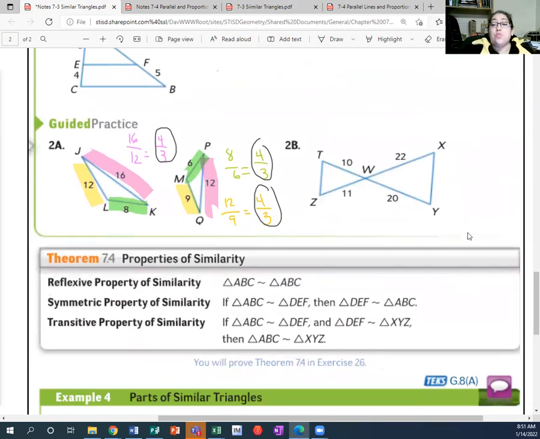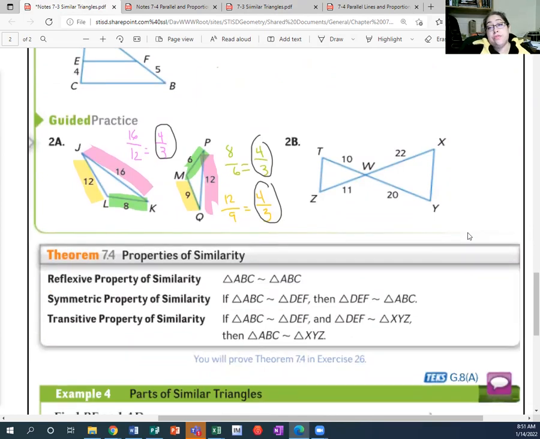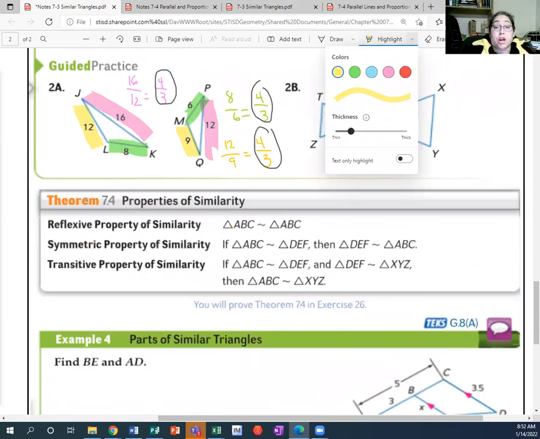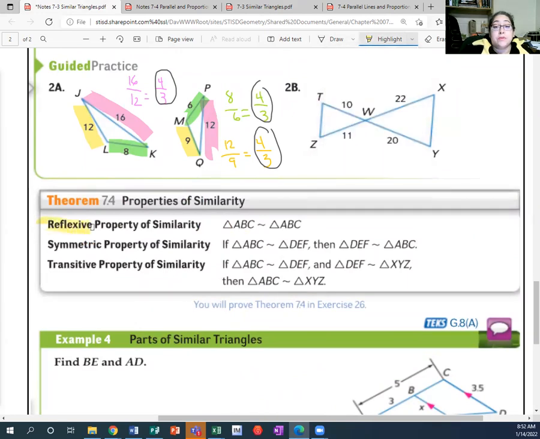Last up is once you can show that triangles are similar, you get some properties. And these properties, super familiar from before. We've got the reflexive property that says that a triangle is going to be similar to itself. We have the symmetric property that says if you've written your similarity statement in one direction, you can write it in the other, and you can swap the positions across the similarity statement and not change anything.